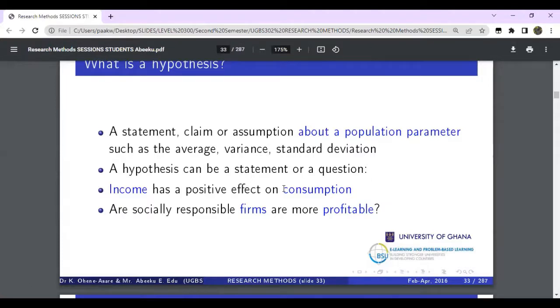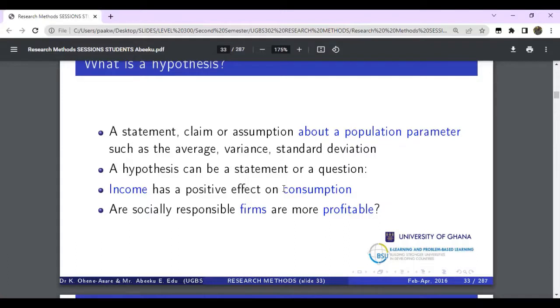So we are saying hypothesis is a statement, claim, or assumption about a population parameter, such as the average, variance, standard deviation. A hypothesis can be a statement or a question. Yes, it can be a statement or a question.